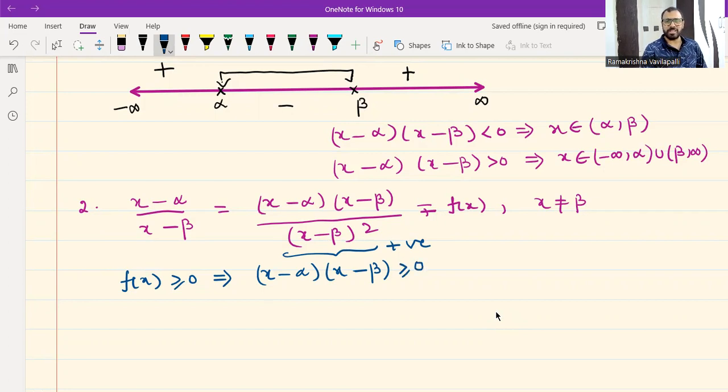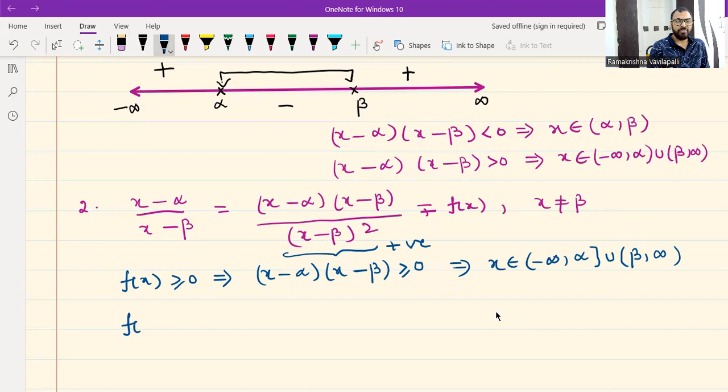So we'll use the above one, that this is greater than or equal to 0. So x belongs to minus infinity to alpha closed, isn't it? Union, here x is not equal to beta, so you have to keep beta in an open interval, beta to infinity.